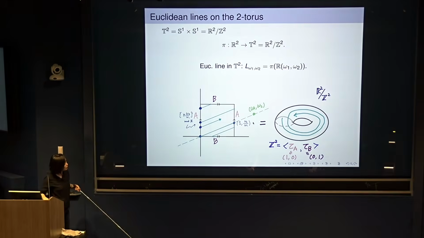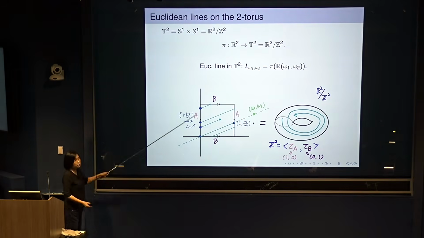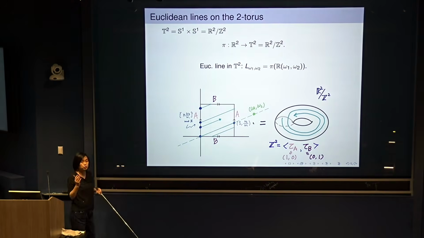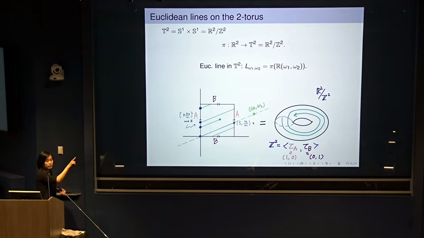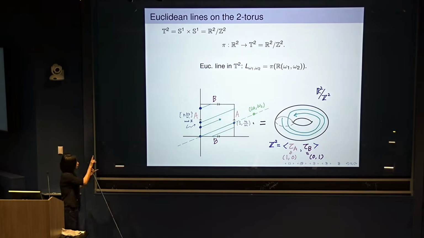It is useful to think of this unit square. This unit square is the fundamental domain of R2 over Z2, the fundamental domain for the torus. Here you see two vertical lines labeled by A, and two horizontal lines labeled by B. We identify the two vertical lines labeled by A by translation by (1, 0), and we identify the two horizontal lines by the translation (0, 1).